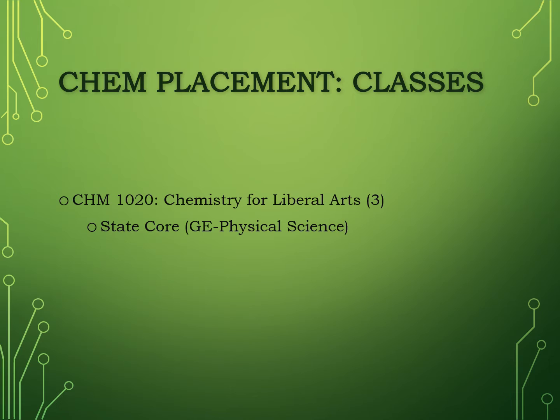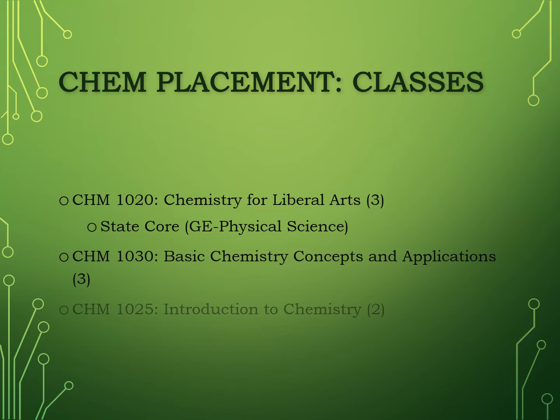Some students will ask if this will count to meet the prerequisites for Chem 2045, and it will not. Only Chem 1025 can do that. Chem 1025 is the 2-credit Introduction to Chemistry class that is a prerequisite for Chem 2045 if you don't meet the prereqs in other ways.